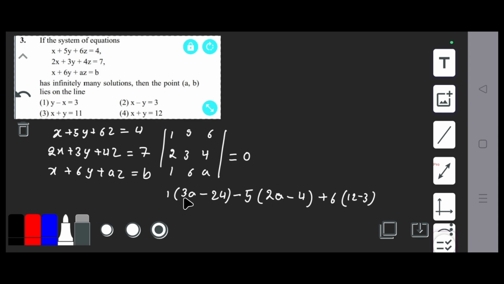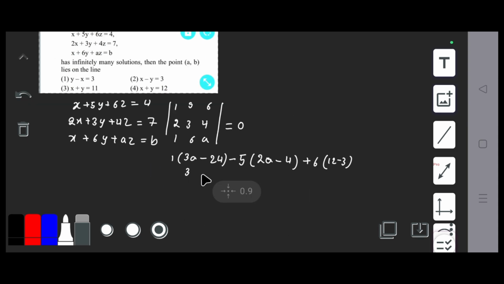That gives 3a minus 24 minus 10a plus 20 plus 54, which is minus 7a plus 50 equal to 0. So a is equal to 50 by 7.